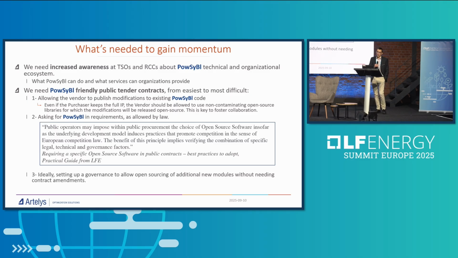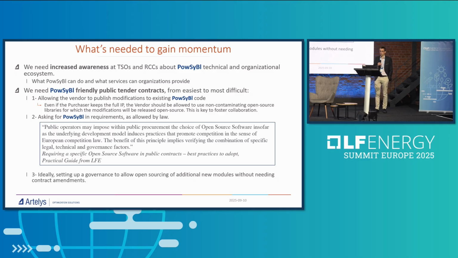If not, then at least it should be open source friendly in that the vendor should be allowed to publish modifications to the existing PowSyBl code. Usually, the draft contracts say that the purchaser keeps the full IP, and that's all. But then, I've got to negotiate each time the right to publish the modification as open source.